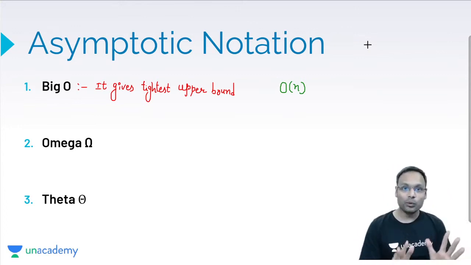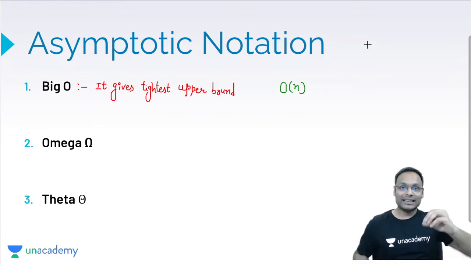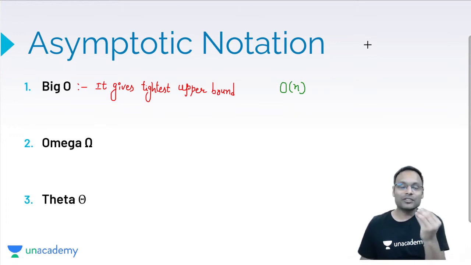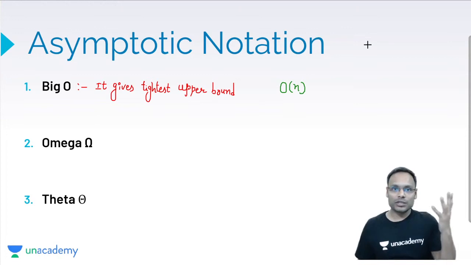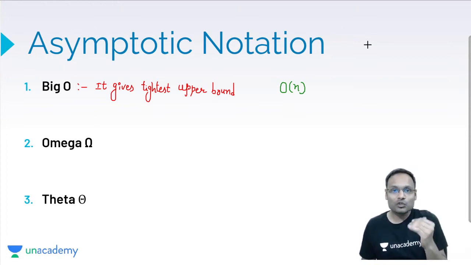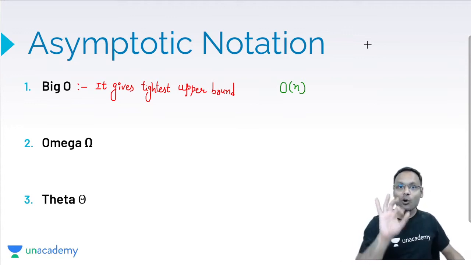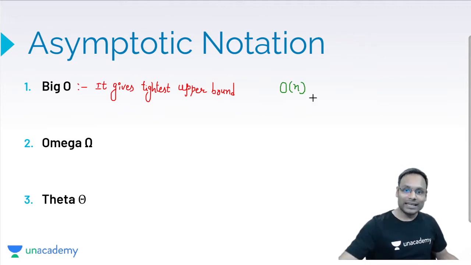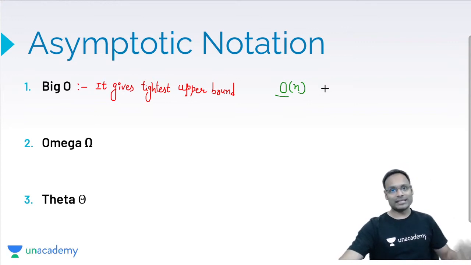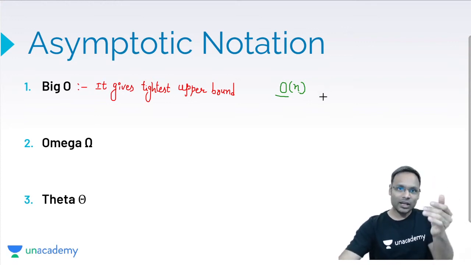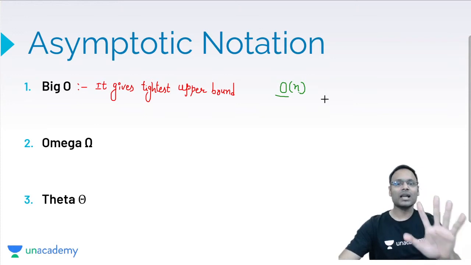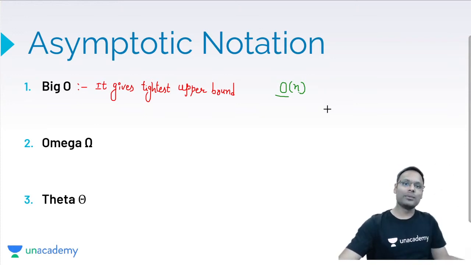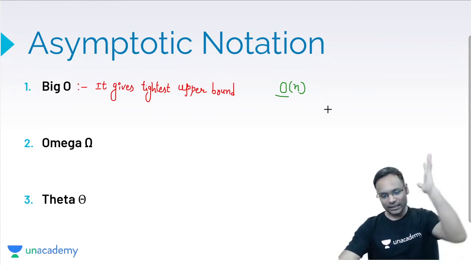For some input, it is possible that my algorithm can stop with just n by 2 steps, or with just 1 step, 2 steps, 5 steps, 10 steps. But the maximum number of operations or steps required is n. That is why you will write big O of n. At most n steps will be needed; it can also work with fewer, the answer may come in fewer steps, but it will not need more than this.